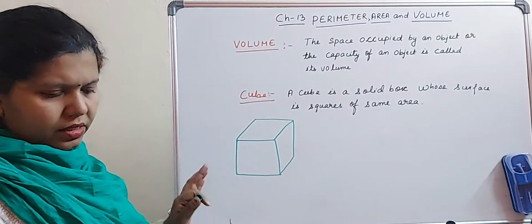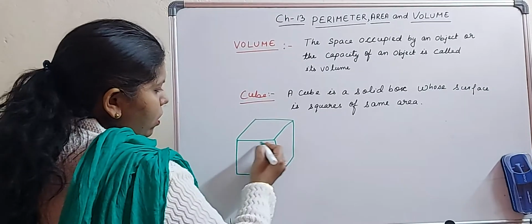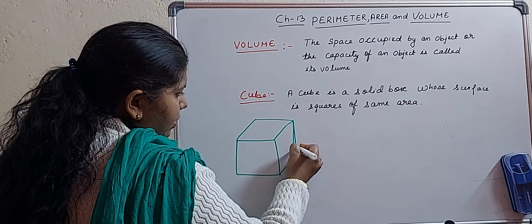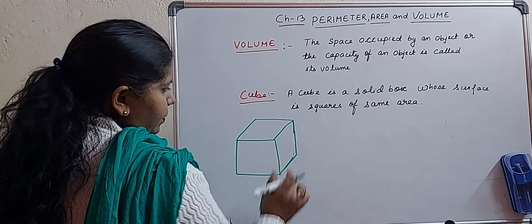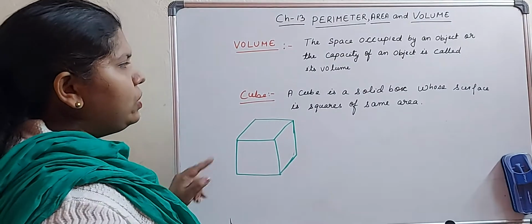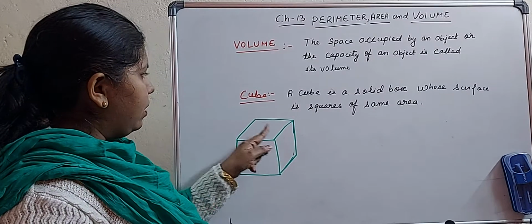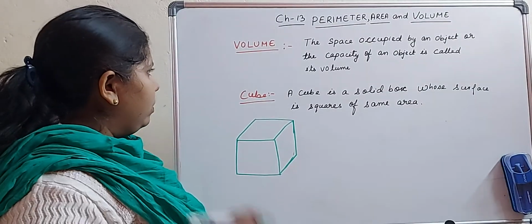Okay, and this cube, it has got squares. You can see all these faces of the cube, they are looking like a square. Yes or no? They look like a square. Squares of same area. Okay, each of this is looking like squares of same area.